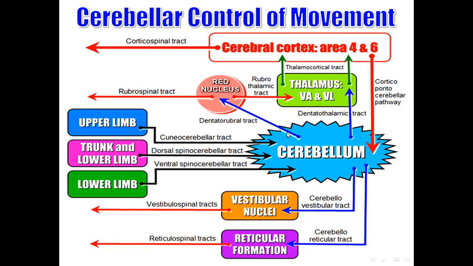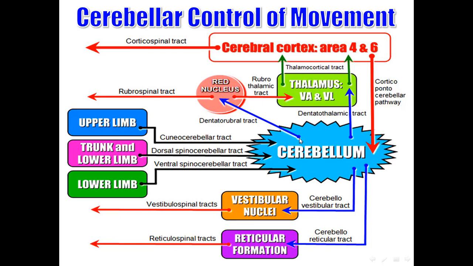The cerebellum receives information from the trunk and lower limb through the dorsal spinocerebellar tract, from the lower limb by the ventral spinocerebellar tract, and from the upper limb by the cuneocerebellar tract.